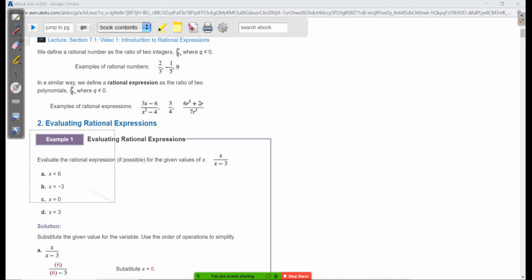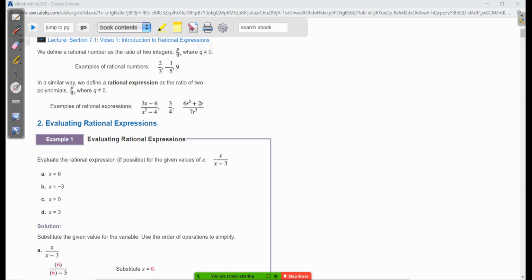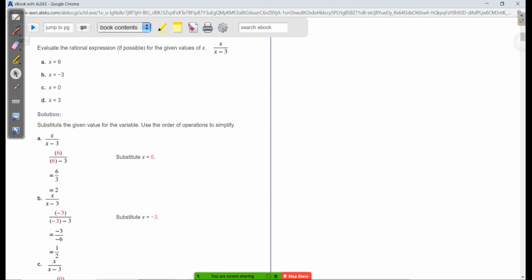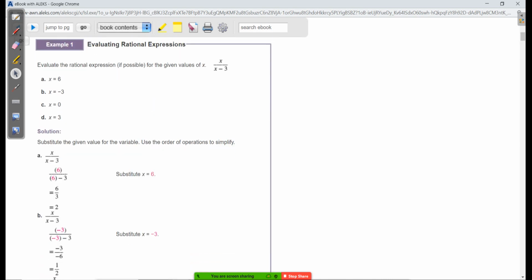So when we read evaluate, let's see, I have to write all this down. We're just going to snip this, actually. We'll just go together and then I'll snip it. When we evaluate rational expressions, all we're basically doing is plugging in some value into my expression.